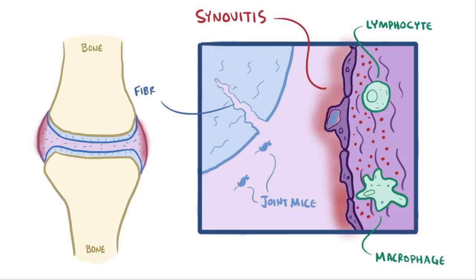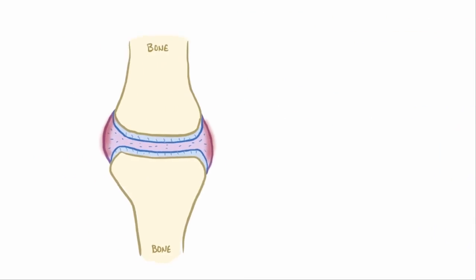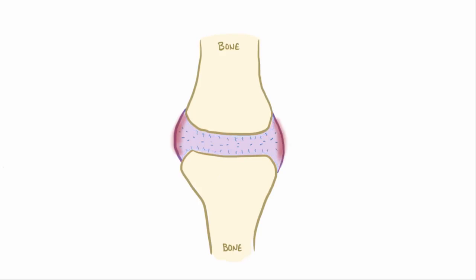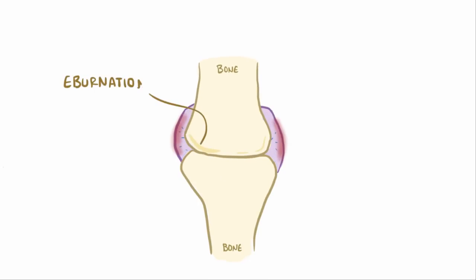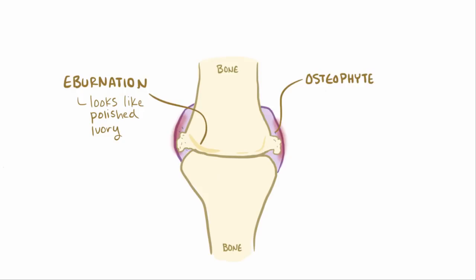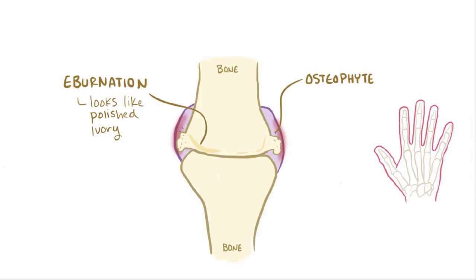Also, fibrillations form. Essentially, these cracks or clefts on what used to be smooth articular surface. The cartilage continues to erode away until the bone's exposed, allowing it to rub with the other bone, which causes bone eburnation, making it look like polished ivory. Finally, on the edges, bone grows outward, called osteophytes, which makes the joints look wider, something that's most obvious when it's seen in the distal and proximal interphalangeal joints, or the finger joints, called Heberden nodes in the distal joints and Bouchard nodes in the proximal joints.